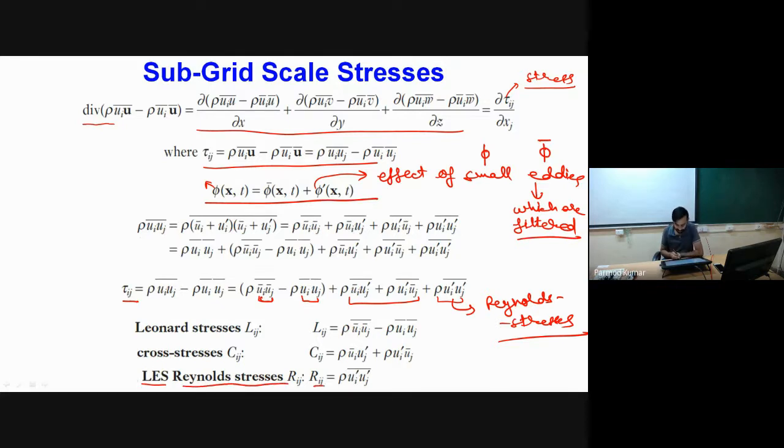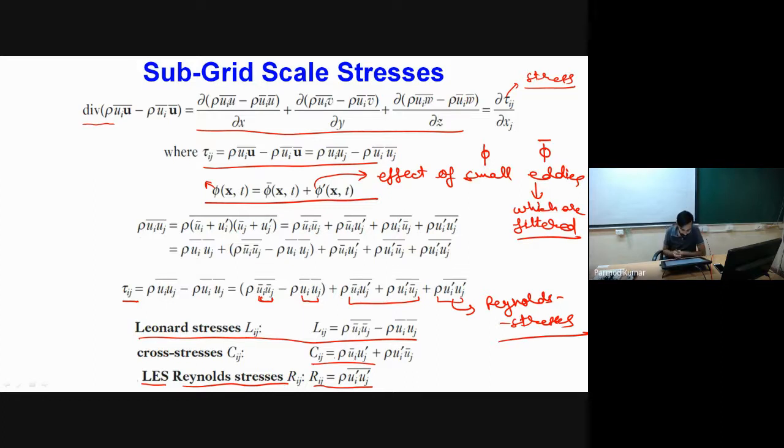So I have given this one name, and the first term over here is called the Leonard stresses, the last term is called the Reynolds stress, and the term in the center is called the cross stress. Physically, the cross stress represents the coupling between the large eddies and the small eddies which we have neglected.